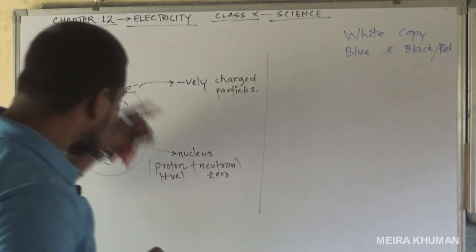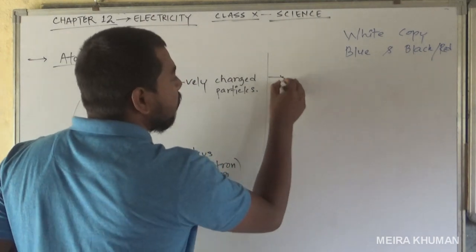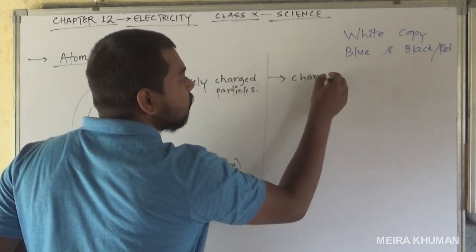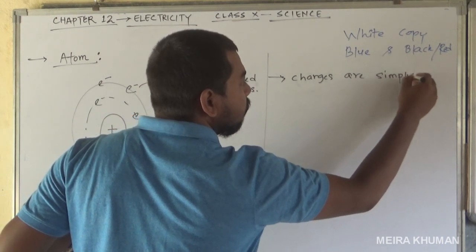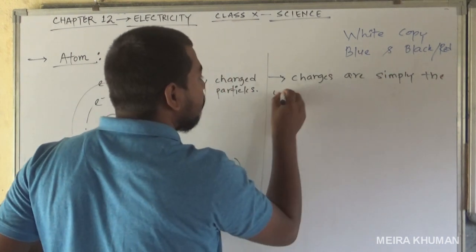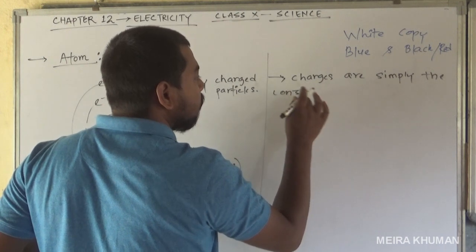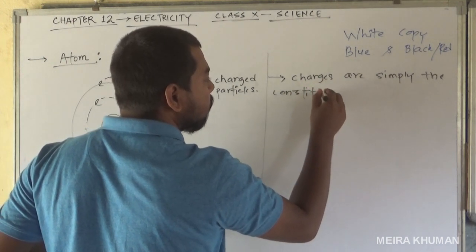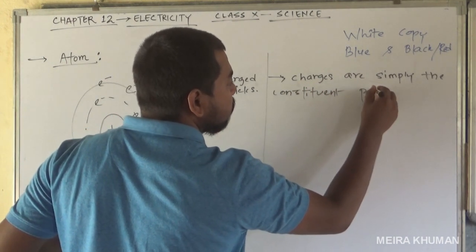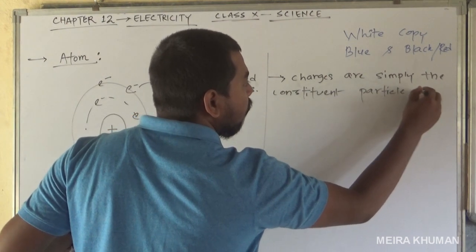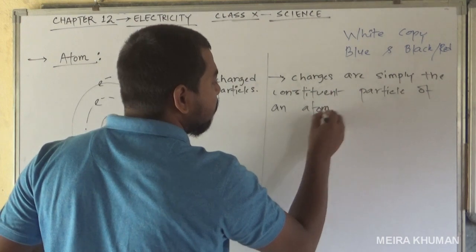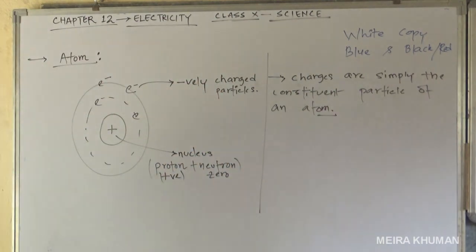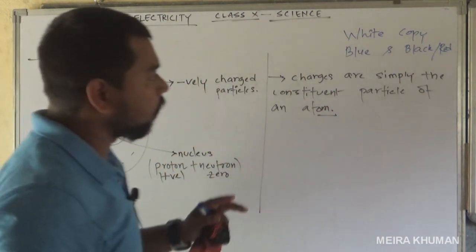So out of this you can conclude that charges are simply the constituent particles of an atom, isn't it? This can be a very simple general definition. So these are the charges we are going to consider.